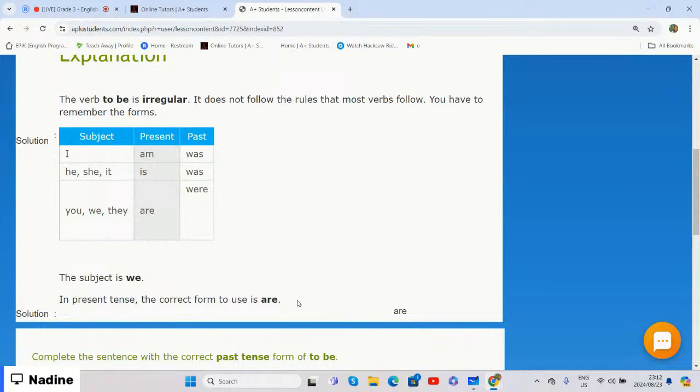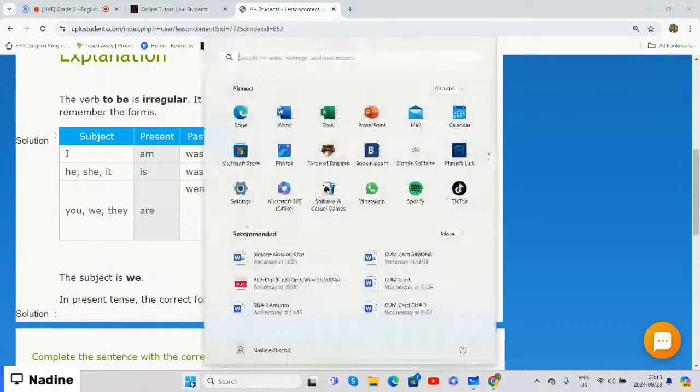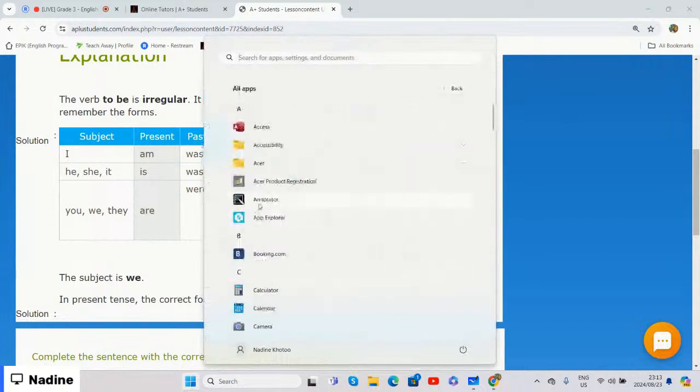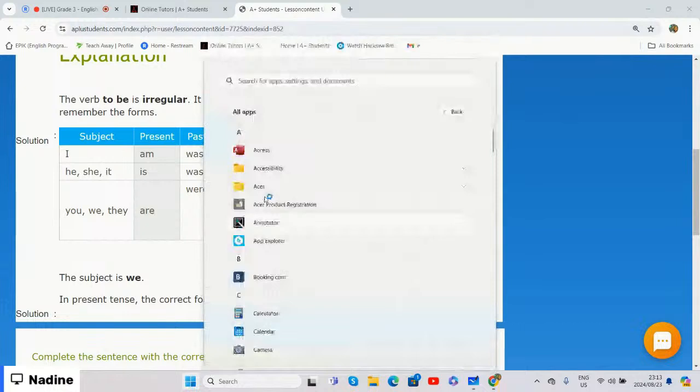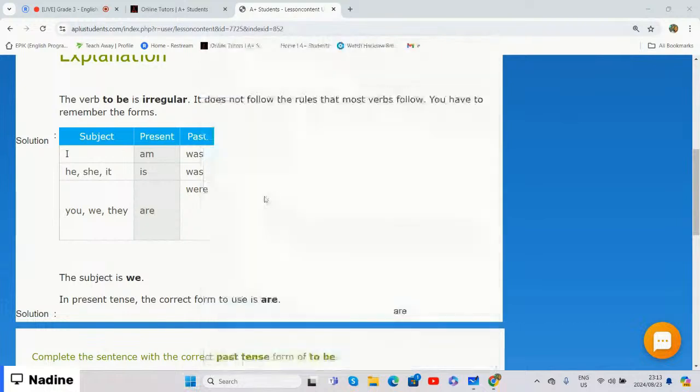So if we look at the verb to be, right? When the verb is to be, then it is also irregular, right? When the verb is irregular, it means that it does not follow any rules like adding d or adding ed to our verb to show the tense that is either in the present or in the past tense.